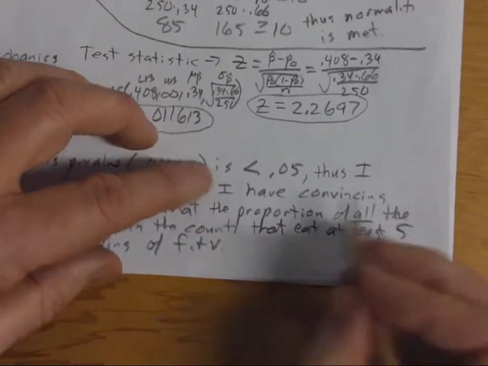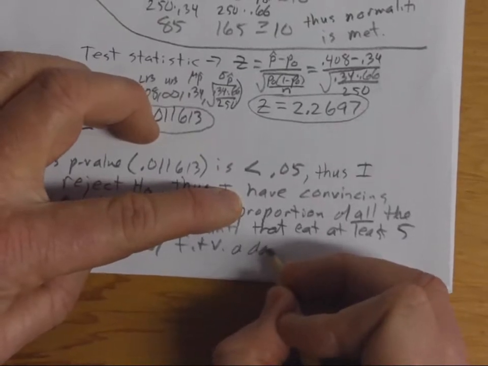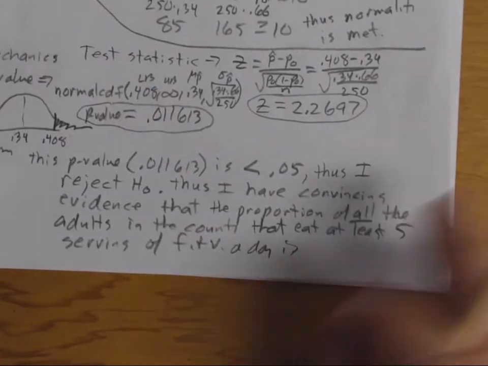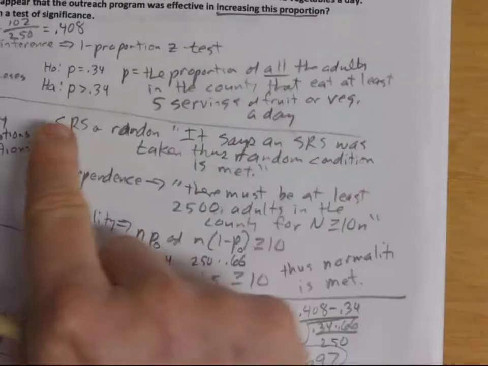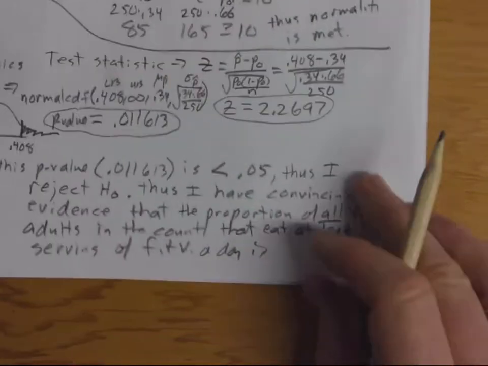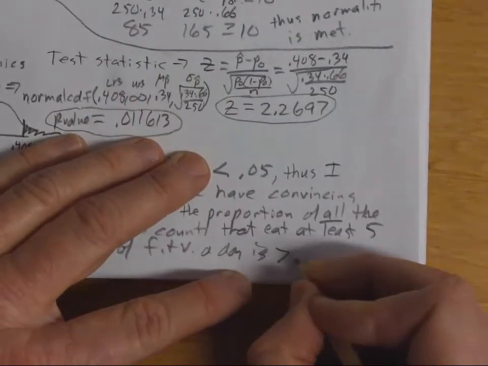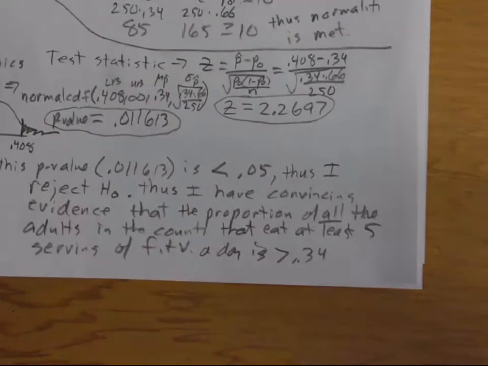That'd be fine. A day is, so all that to define P, is greater than 0.34. That is how you do it.